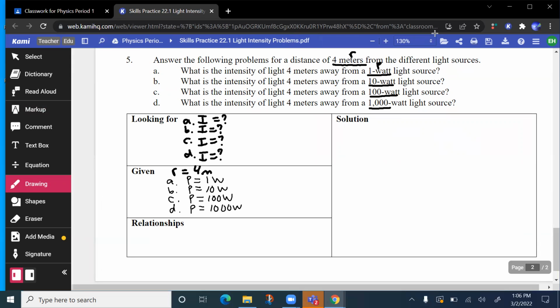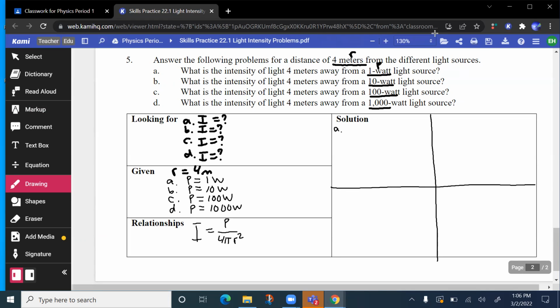Okay, so here's what we're going to do. We're going to use our power equation: light intensity is equal to power divided by surface area, which is 4 pi times the radius squared. Let's take our solution box and divide it into 4 pieces. So we have room for part A, B, C, and D.